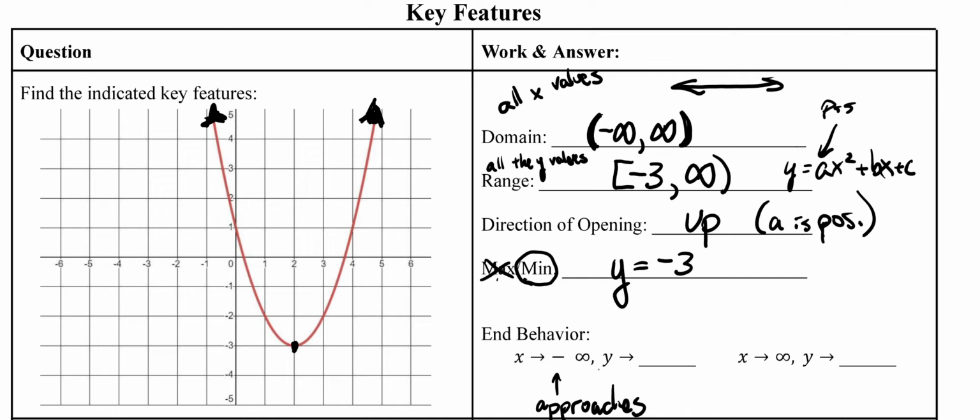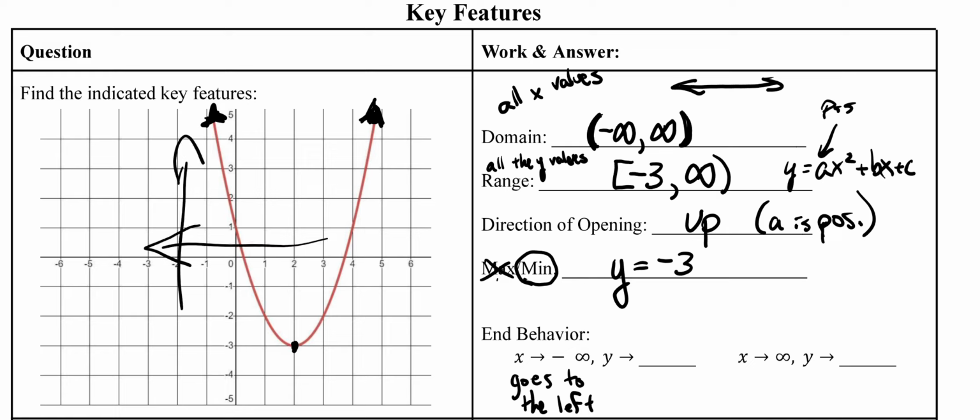As x approaches negative infinity, that means what happens as x goes to the left. So as we move in this direction, what's happening with y? Oh, it's going up. So y is going up, we would say positive infinity. Had it been going down, we would say negative infinity.